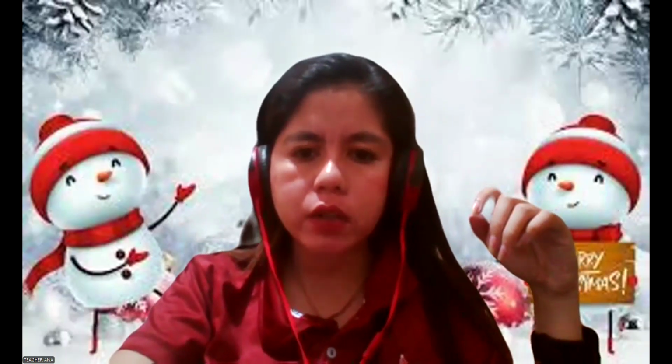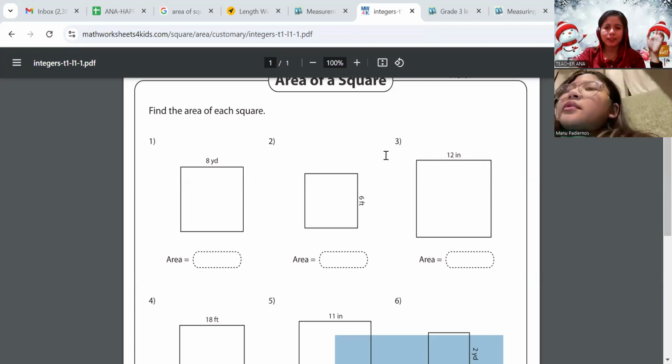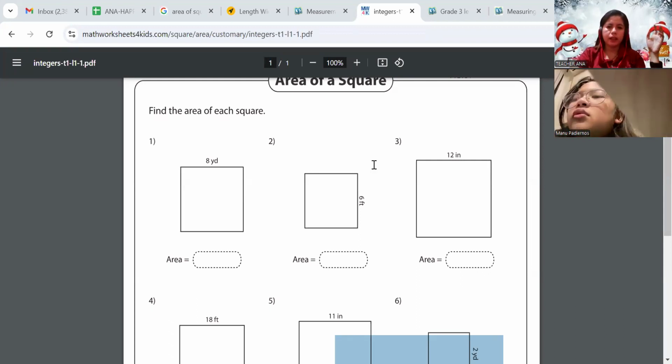Okay, I'm sharing my screen. Can you see my screen, Mano? Is my screen visible? I'll try it again. How about that, Mano?